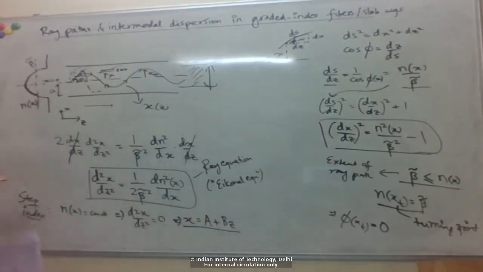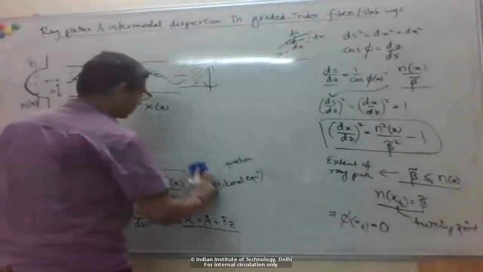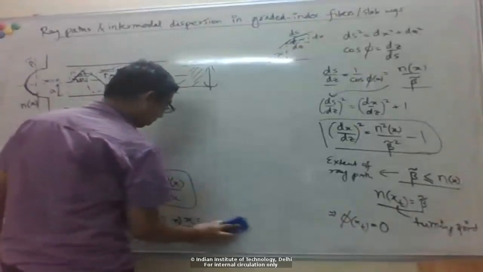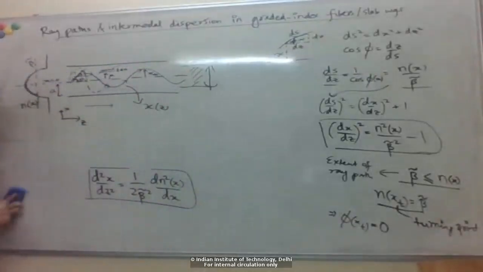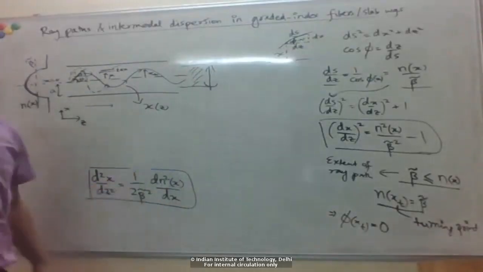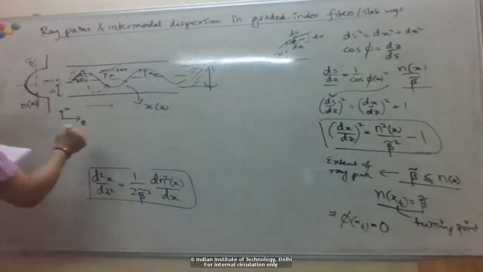But of course, we are now more interested in some other kind of refractive index profile. The most popular after the step index is what is known as the square law medium, where n square is a square or parabolic function.